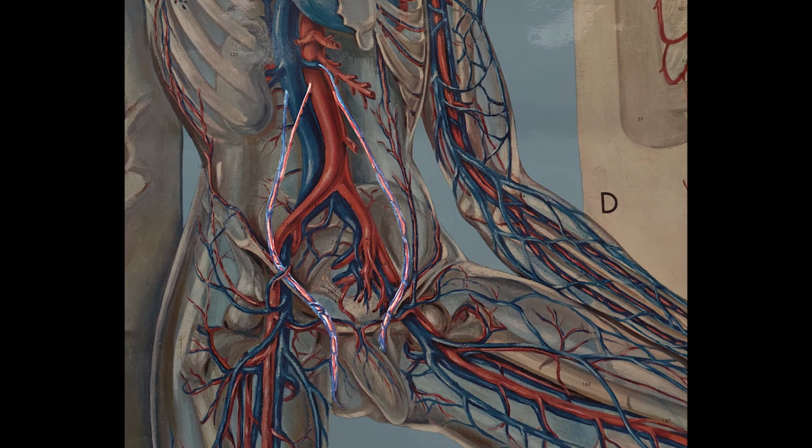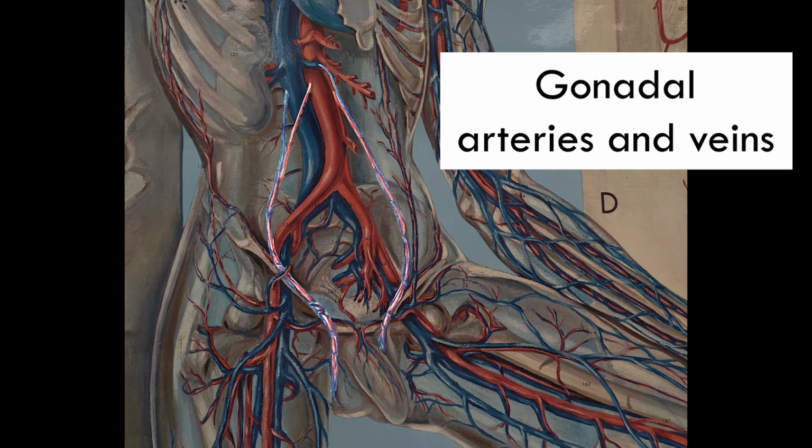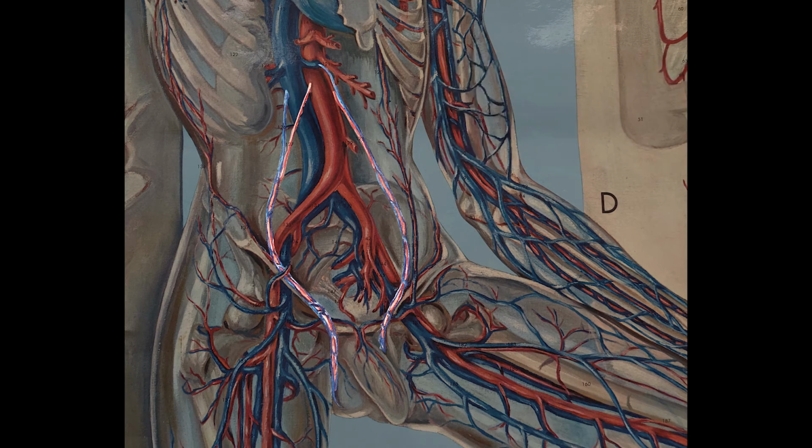And so these would be the gonadal arteries and veins. So the gonadal arteries come off of the aorta. The right gonadal vein empties into the inferior vena cava, and the left gonadal vein empties into the left renal vein.